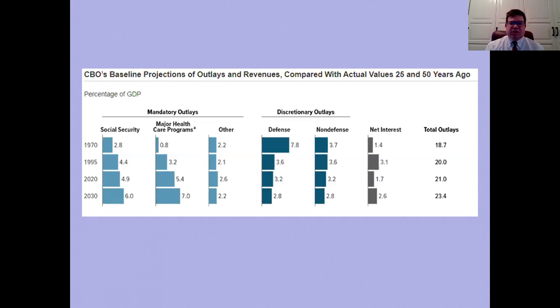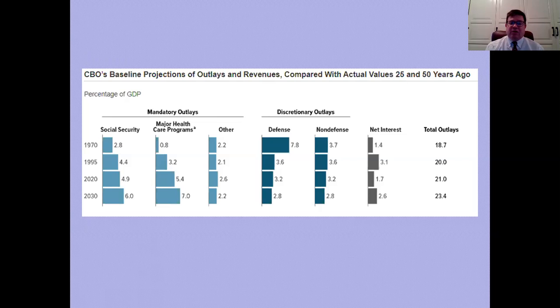If you take a look at Social Security back in 1970, it was only 2.8% of the overall economy. As we look forward to 2030, it will become the equivalent of 6% of the overall economy. Again, realizing that we have the baby boomer generation retiring, and that's why Social Security will go up.